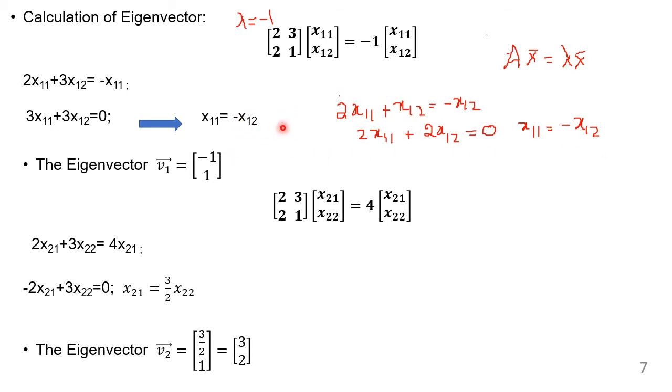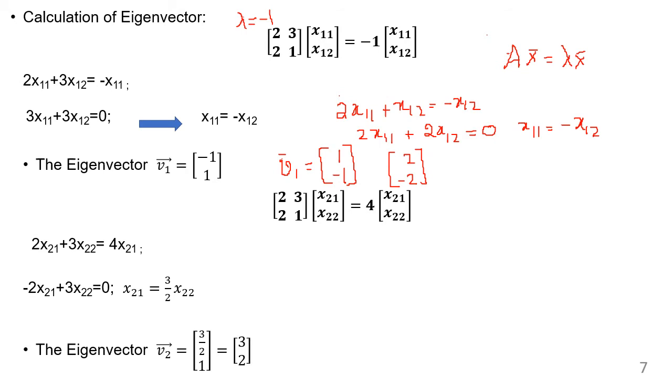So we can choose any value for x12, then we can get the value of x11. I have chosen x12 equal to 1. Therefore, x11 is equal to minus 1. Eigenvector v1 can be written as, if I choose x12 as minus 1, then x11 will be plus 1, or I can choose x12 as minus 2, then this becomes plus 2.